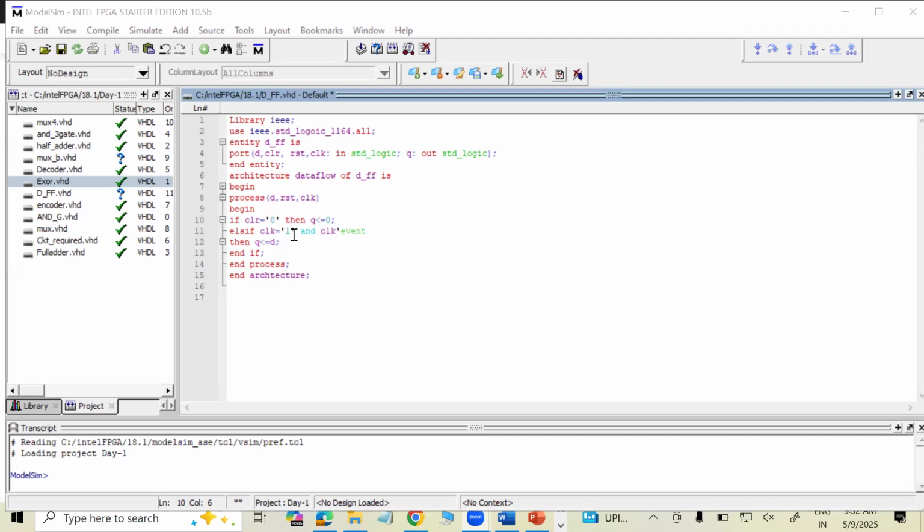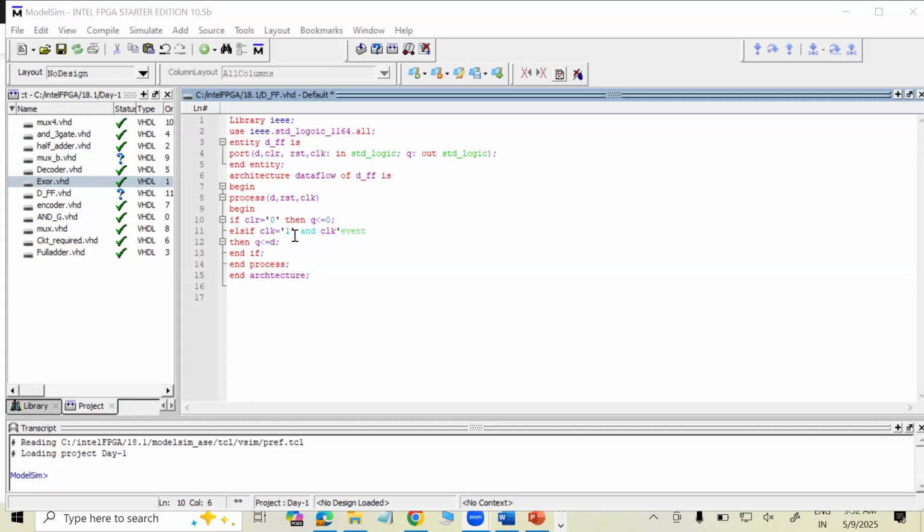Clock is at one position and there is an event on the clock. Clock apostrophe event. If clock equals to 1 and a clock event, basically it is a negative edge trigger. Try to understand, this is a negative edge trigger. If clock is at 1 and there is an event in clock, then you have to write Q is less than equal to D.